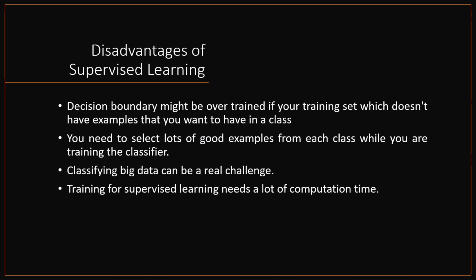Moving on to the disadvantages of supervised learning. Sometimes there may be a challenge of the decision boundary getting overtrained, if you're training a set which doesn't have examples that you want to have in a class. Let's say, for example, I have 10,000 images of cat and 5 images of a dog.